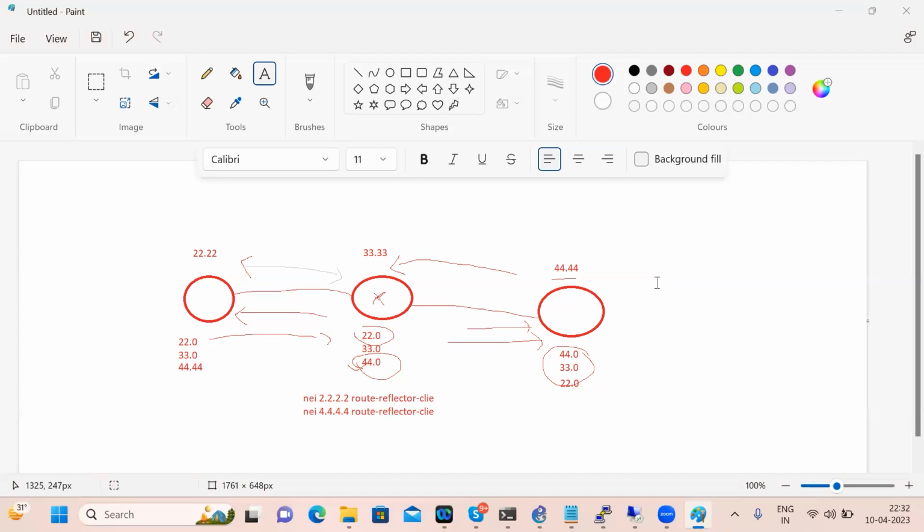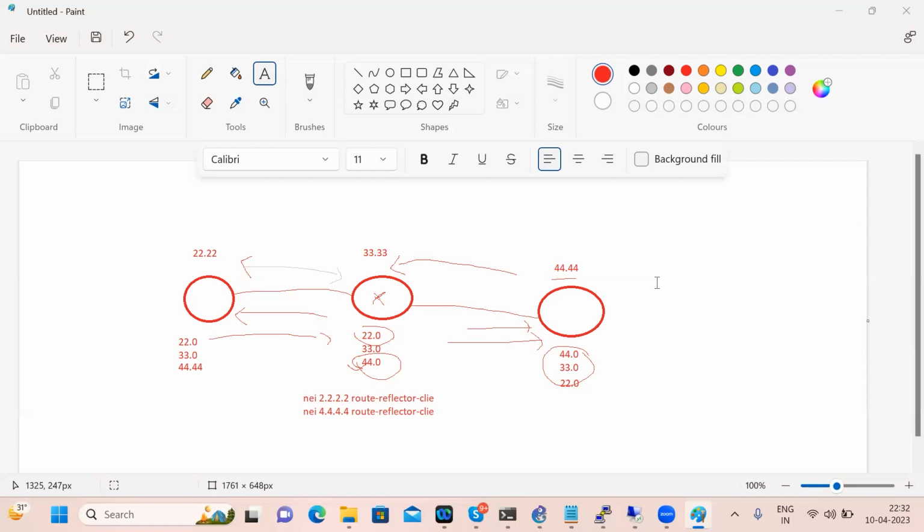Like if you explain it here, it's fine now. The networks you just wrote, in other words, I can say they are the directly connected networks. That's what I was referring to earlier on. Yeah, so it's fine.